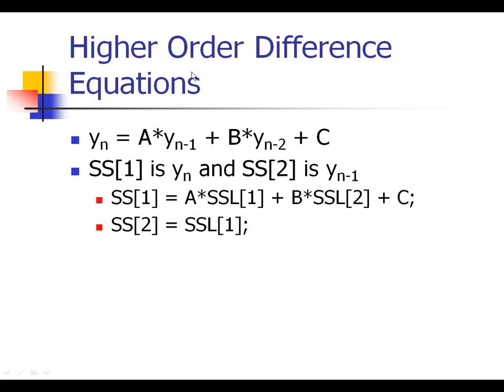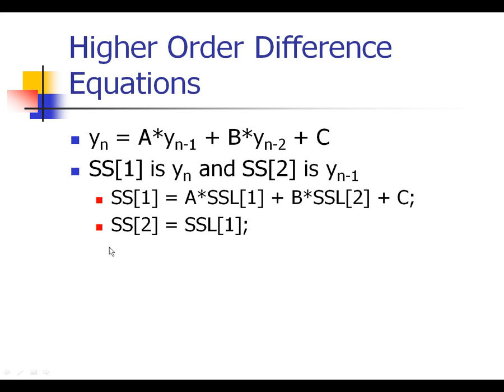We can do higher order difference equations by using combinations of SS1 and SS2 variables. So for example, if we have a higher order equation like this, where y sub n is really a function of y sub n minus 1 and y sub n minus 2. So we set SS1 to y sub n and SS2 to y sub n minus 1, and we're able to come up with an expression for SS1 as a function of SSL of 1, which is y sub n minus 1, and SSL of 2, which is the previous version of y sub n minus 1, or y sub n minus 2.